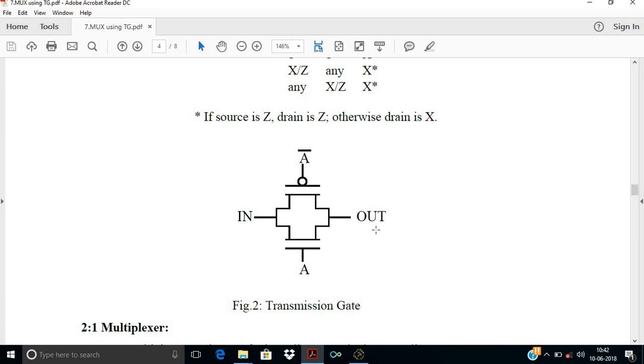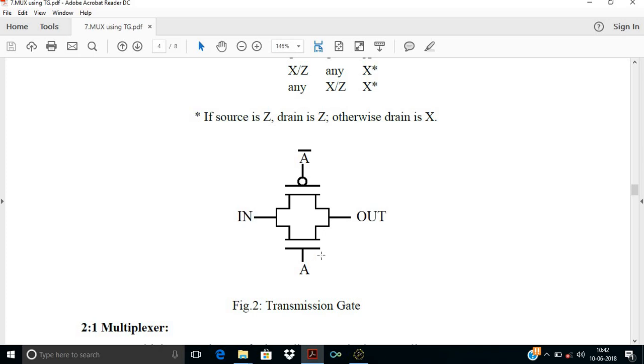Now suppose this control signal is A, and when A is equal to 1, what happens? The lower side is an NMOS and the upper side is a PMOS. This NMOS and PMOS are connected in parallel. In a transmission gate, PMOS and NMOS are connected in parallel.